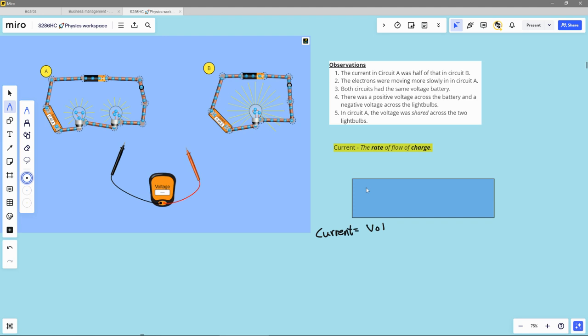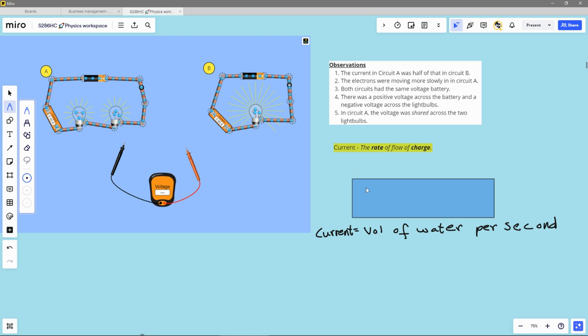I'm not saying this is the only way to think about current in water, but just in this analogy. So what volume of water passes by a point in every second? If we had a tap down here, how quickly could we fill a bucket of water?